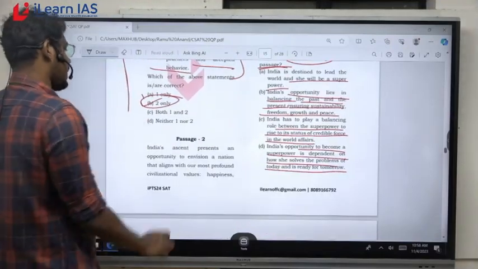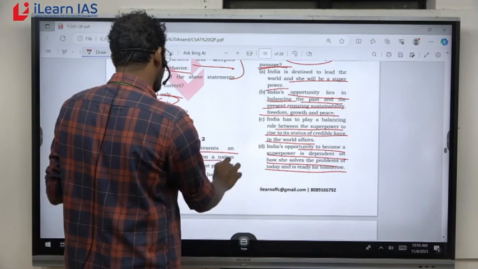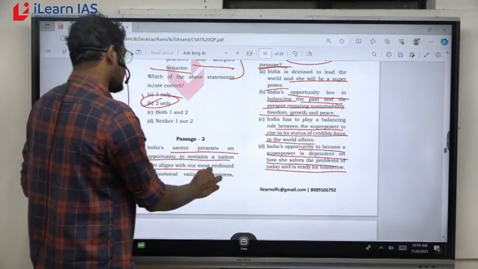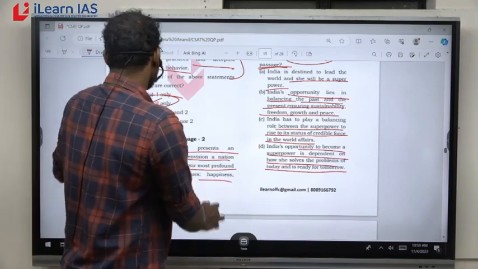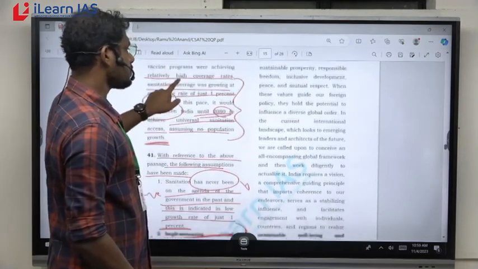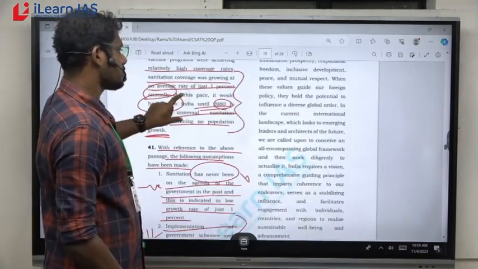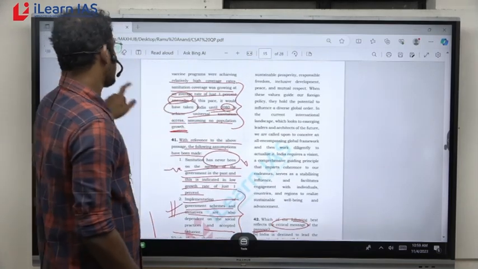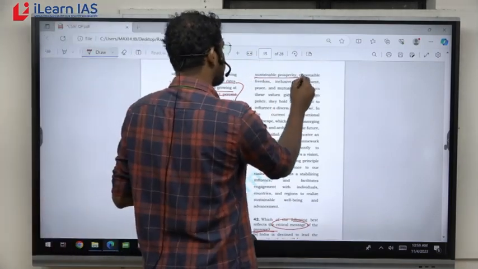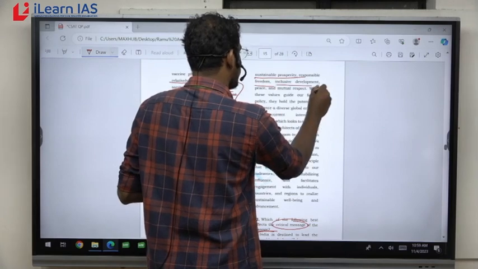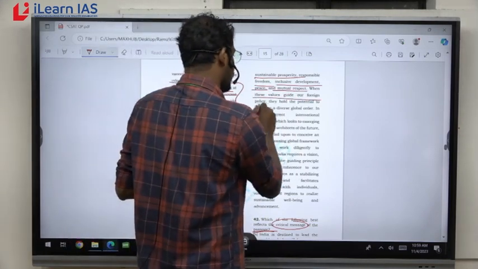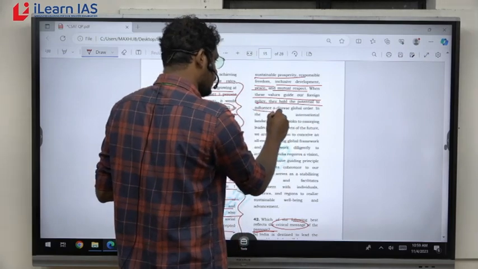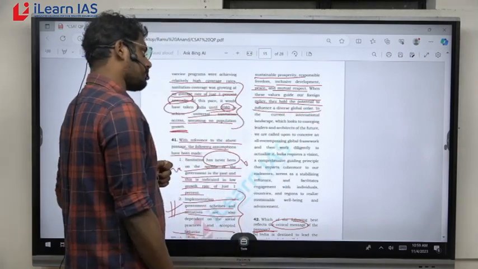India's ascent presents an opportunity to envision a nation that aligns with our most profound civilizational values: happiness, sustainable prosperity, responsible freedom, inclusive development, peace, and mutual respect. When these values guide our foreign policy, they hold the potential to influence a diverse global order.